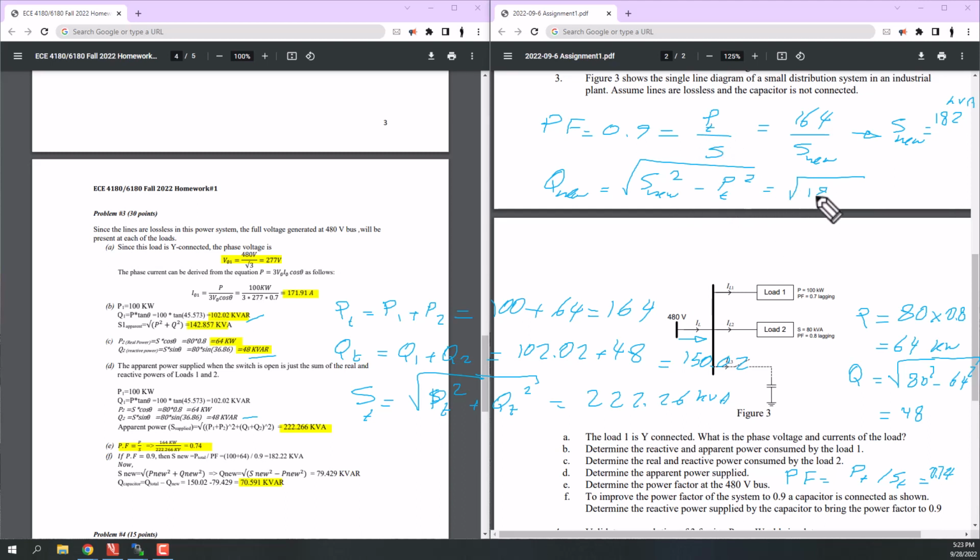It would be 182 square minus 164 square, which gives 79.4.